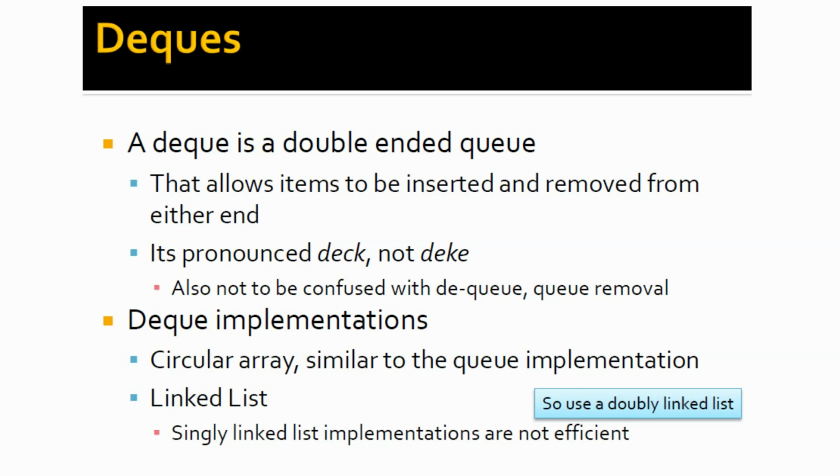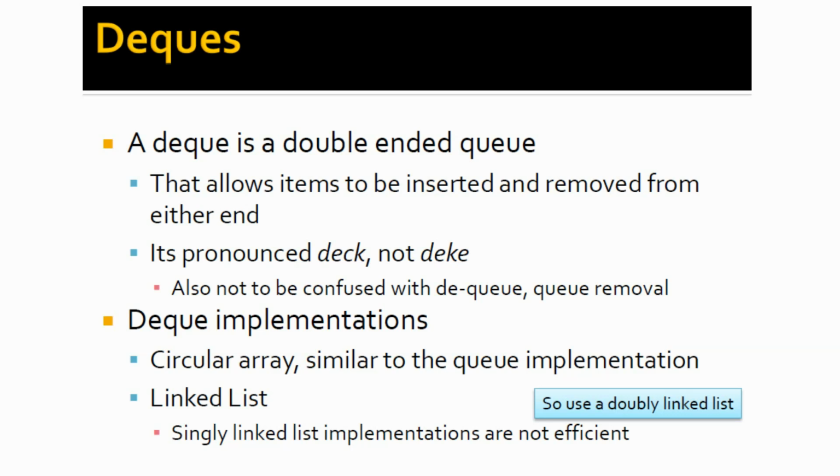And queue was another abstract data type where we had access to data from two ends, but you could only insert the data from one end, which we call back or rear, and you could remove data from the front, which is the other end, right? So two ends, one end for insertion, one end for removal of the data.